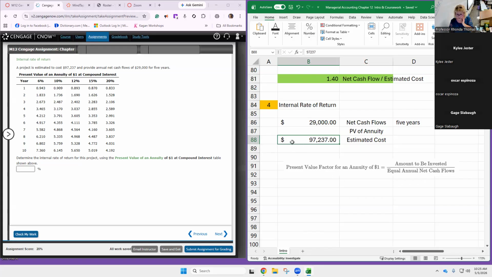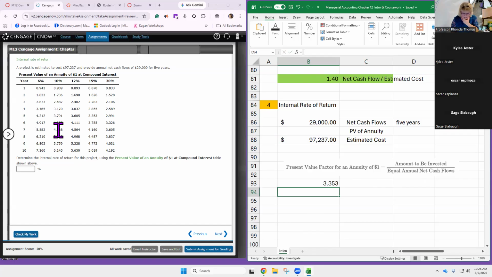So we're going to take this number and divide by the net cash flows. Okay, we got 3.353. Now we're going to look here and see if we can find the closest number to that.